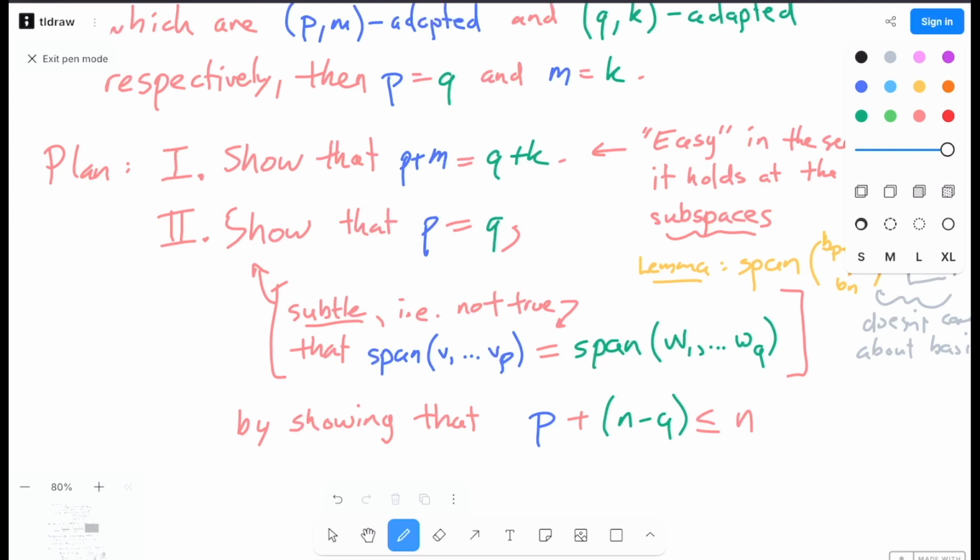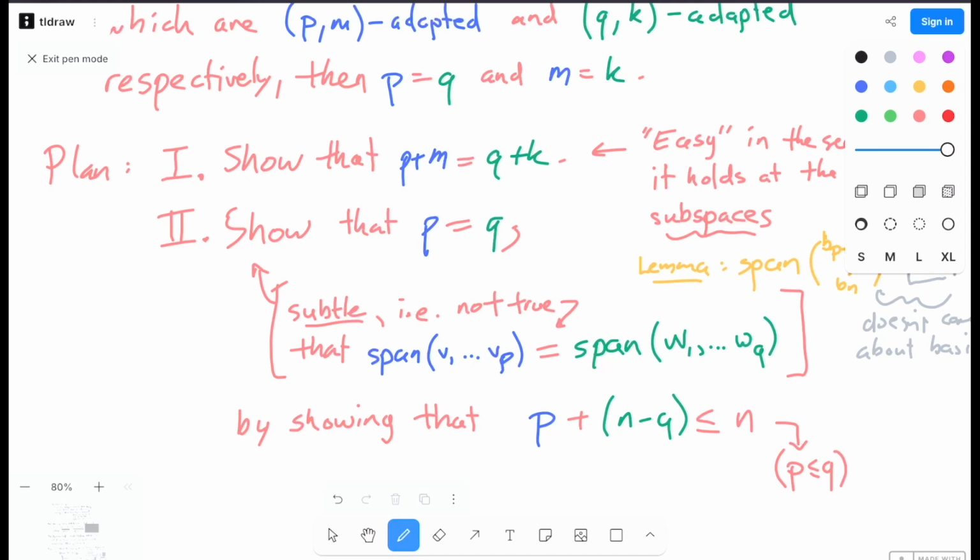Why in the world is this enough? First of all, just quickly doing some algebra here, we can cancel the n on both sides, add q to both sides, and we get that this implies p is less than or equal to q.